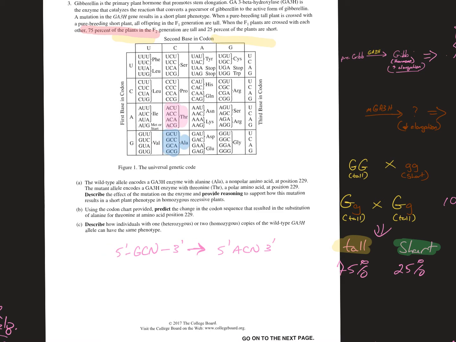Honestly, I think that's the best answer. There's a couple ways you can look at it. You can describe the RNA, mRNA changes, or changes in the DNA, but really just looking at the first position of the codon and describing that I think is sufficient. So the last question here is just asking you to describe what I actually already described in the answer to A a little bit.